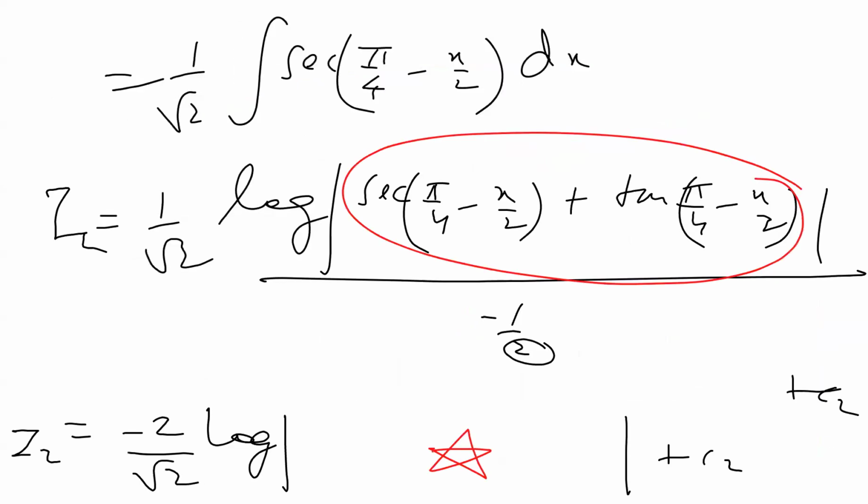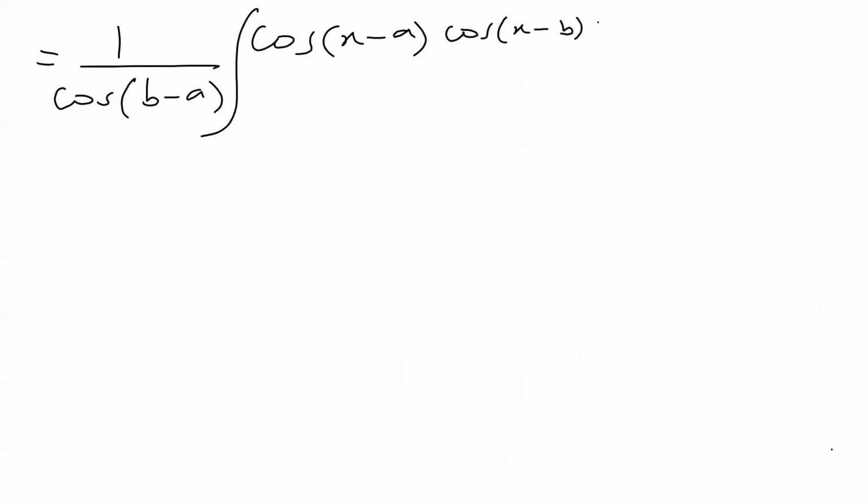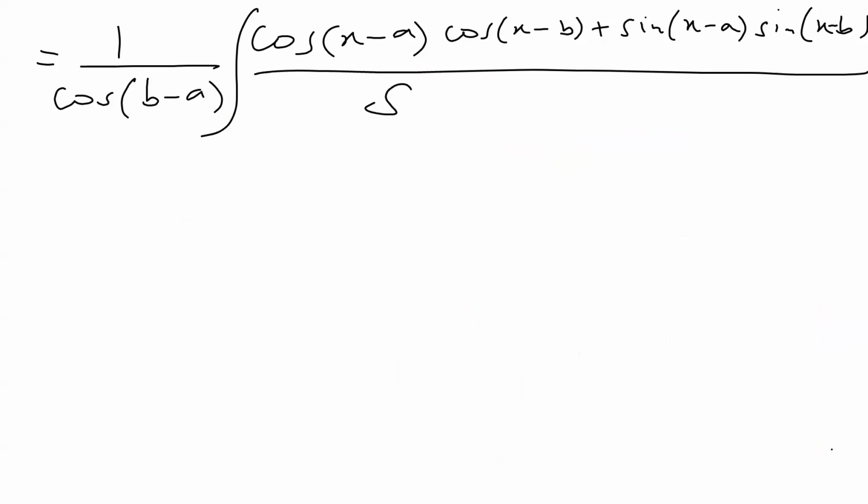So 1 upon cos b minus a, the integration of cos a minus b, which is cos a cos b plus sin a sin b, upon sin x minus a, cos x minus b.